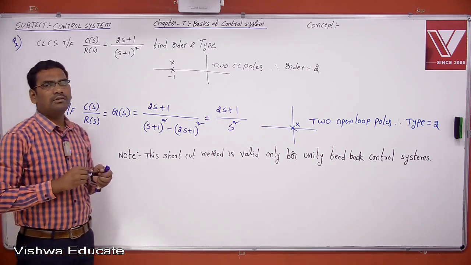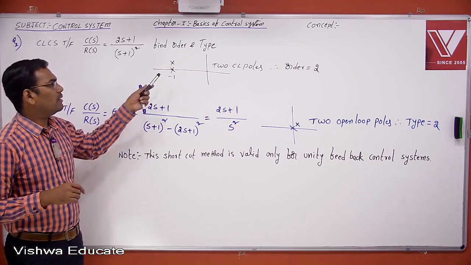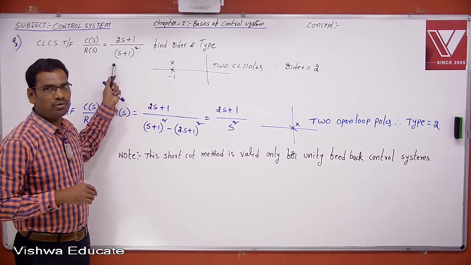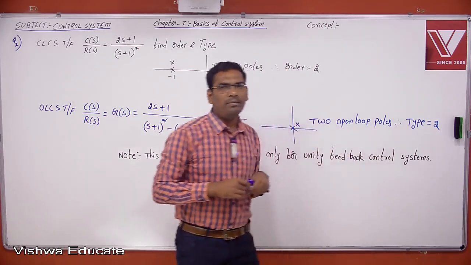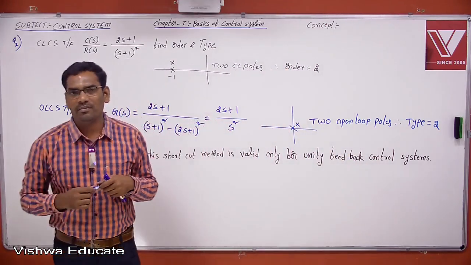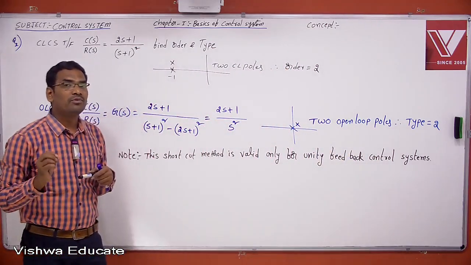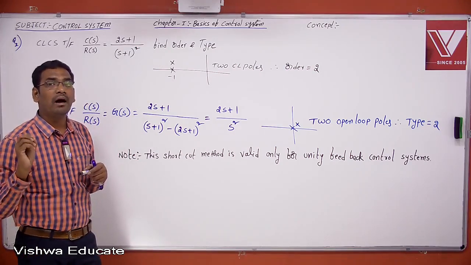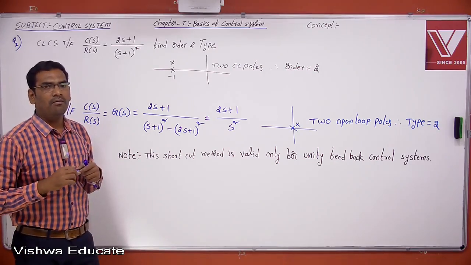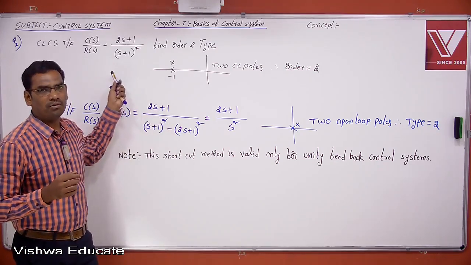And one more thing also, now why are you finding the order from the closed loop control system, and why are you finding only the type for the open loop control system? Then there may be a question in your mind, sir, why do we choose only type from the open loop transfer function? Why do we choose only order from the closed loop control system? Why are we not finding type from the closed loop control system?